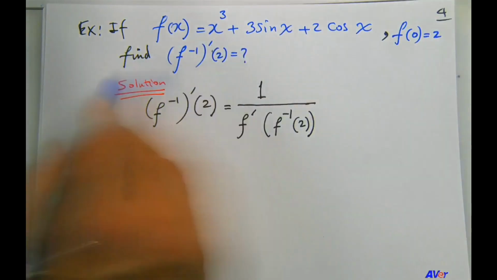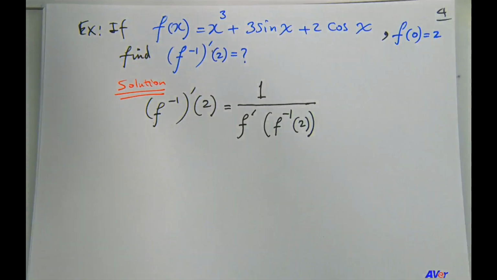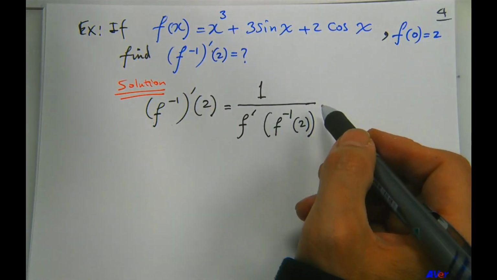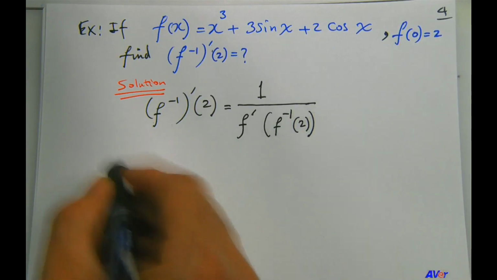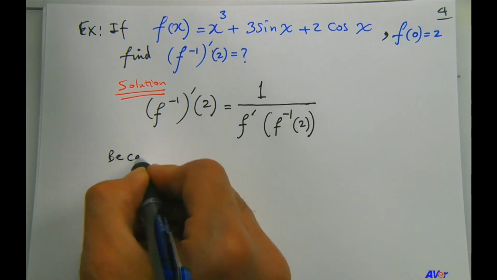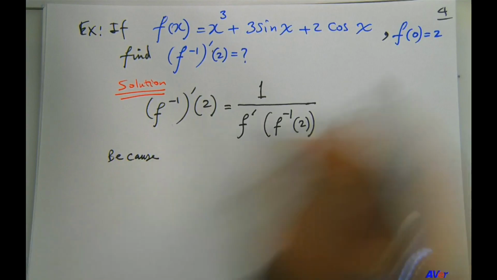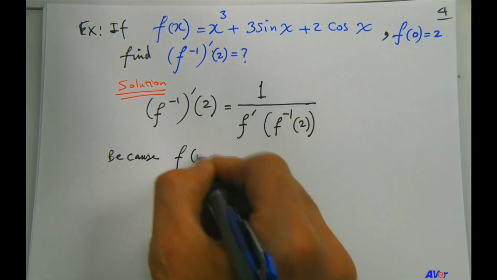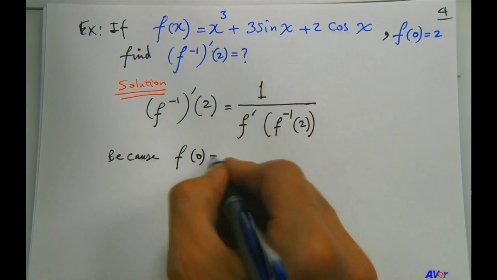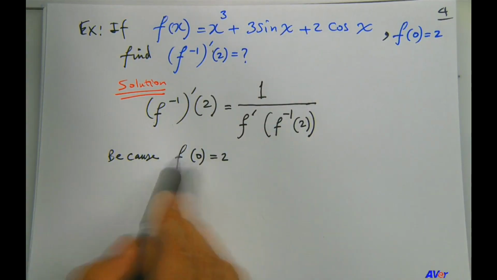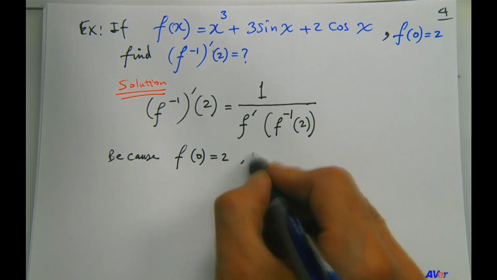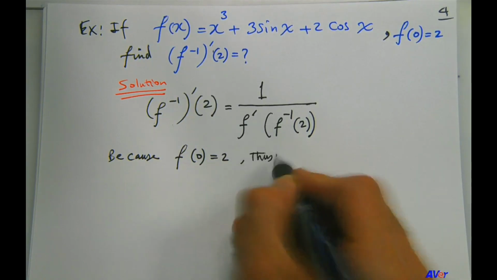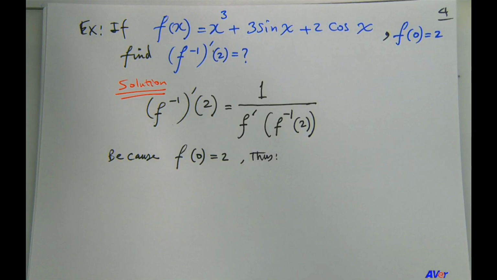Then to find this quantity, we know that f of 0 is 2, because that's given, and also we can calculate it. Remember the first thing we talked about?